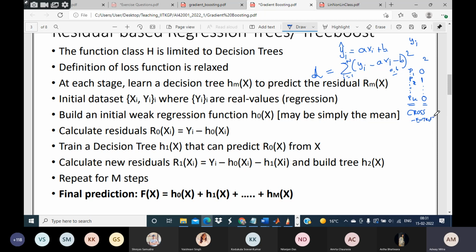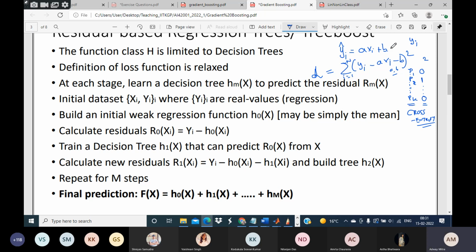So in neural networks, the edge weights, which are the parameters, are chosen so as to minimize this cross entropy loss function. The closer your predicted distribution is to the true distribution, the lower will be the cross entropy.